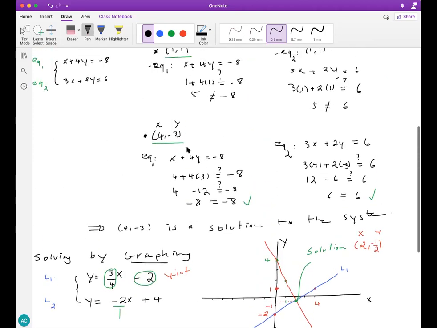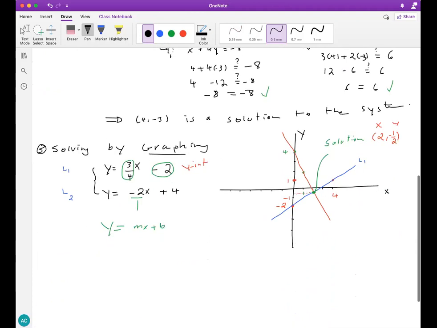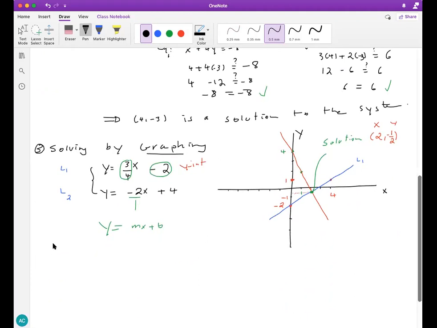Okay, so that's one way. Let's do another one. So another example here. As we saw the other day, the equations are not always in this form of y = mx + b. This is the slope-intercept form.